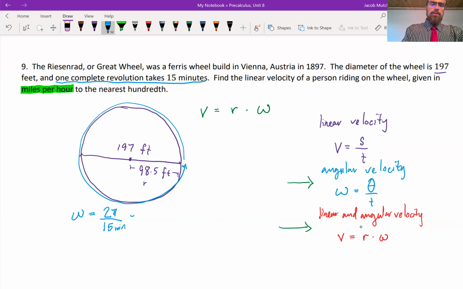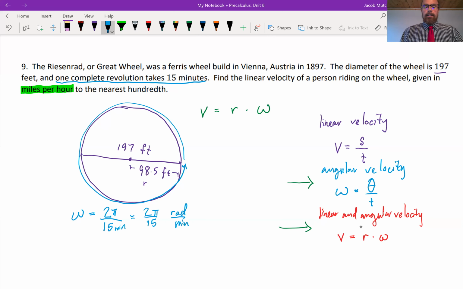So in terms of these units, it's going to be 2 pi over 15, and our units are going to be radians per minute. I should put the actual number instead of just minute, so I'll fix that. There we go.